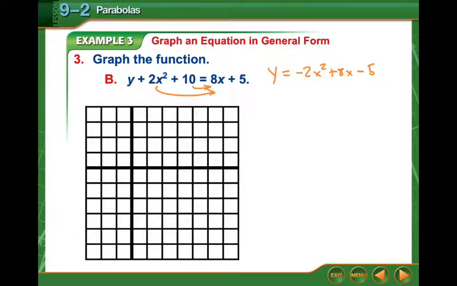So again, we're going to complete the square, so we need to factor out a -2. Now we're ready to go ahead and complete the square.